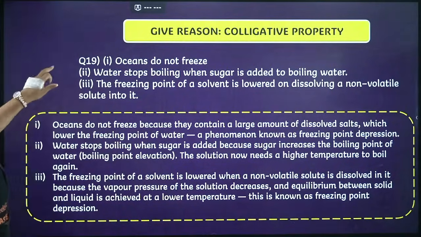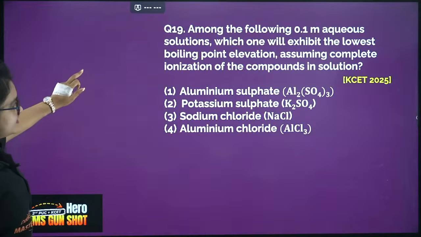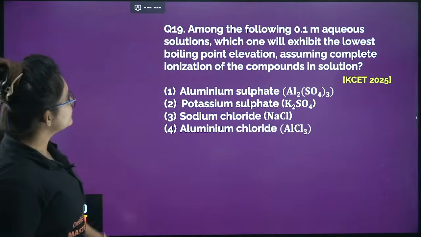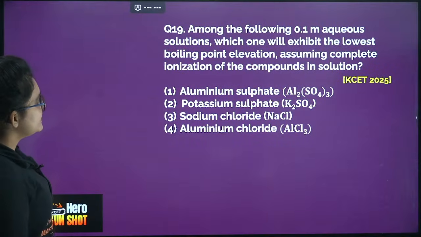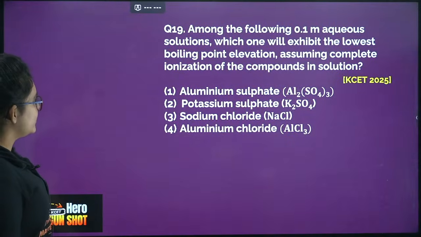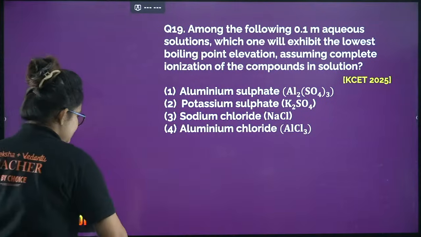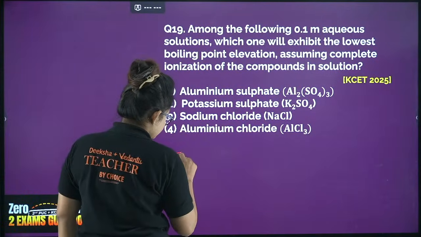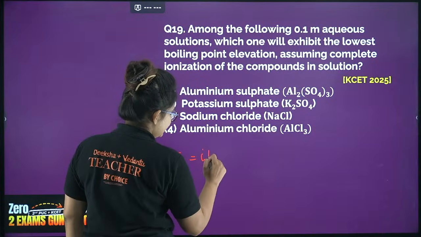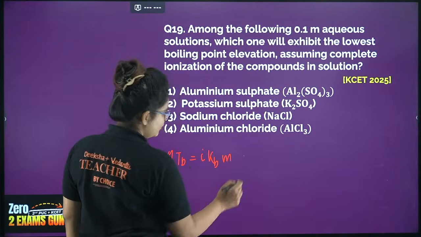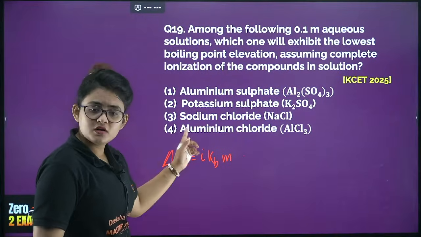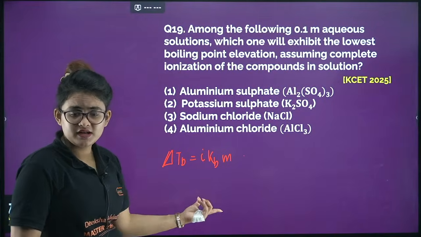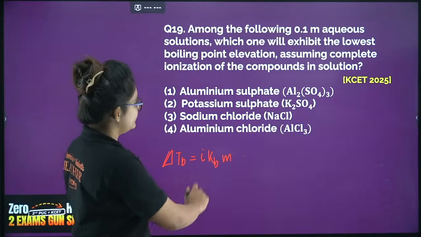Let's proceed. This is a KCET question. Among the following 0.1 molar aqueous solutions, which one will exhibit the lowest boiling point elevation? Basically delta Tb is i into Kb into m. This is how we can proceed. So if the i value is more, delta Tb will come more. So we have to find out i.